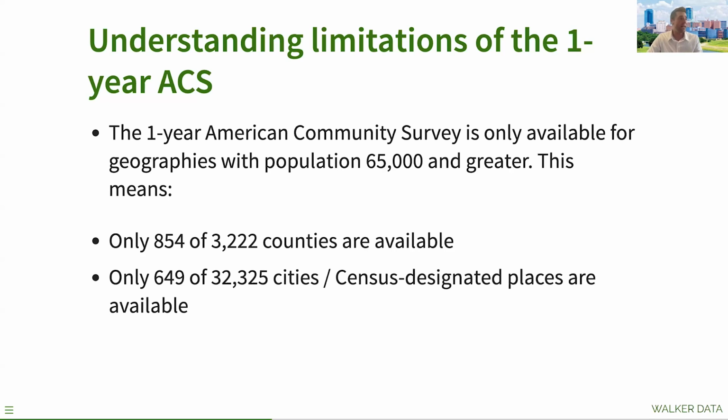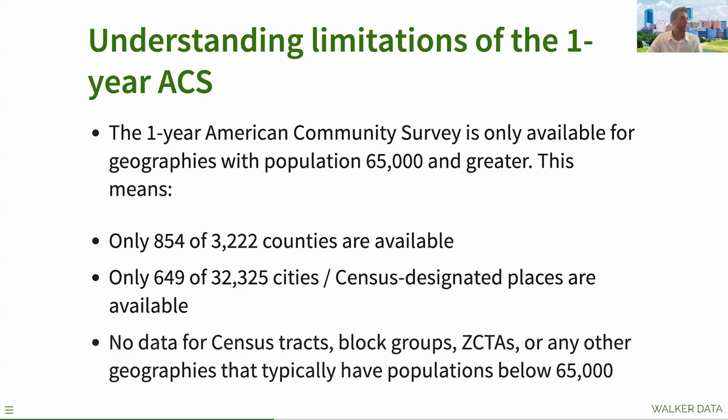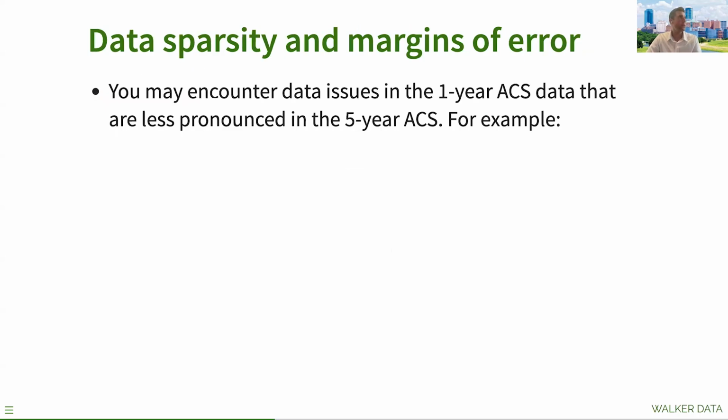Only 649 cities or census designated places are available, and again, that can vary from place to place. So you can't get data for census tracts, block groups, zip codes, or any other geographies that typically have populations below 65,000.